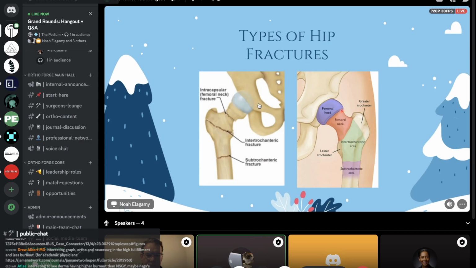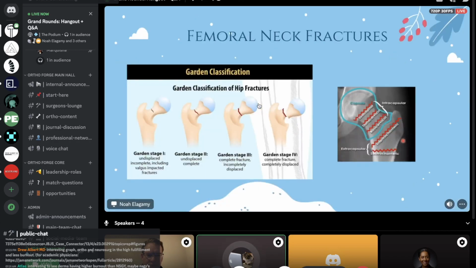And this is another diagram showing those areas highlighted on the bone. Once I go through each category, I'll give a more detailed description on the definition of what makes a femoral neck fracture and what makes an intertrochanteric fracture.